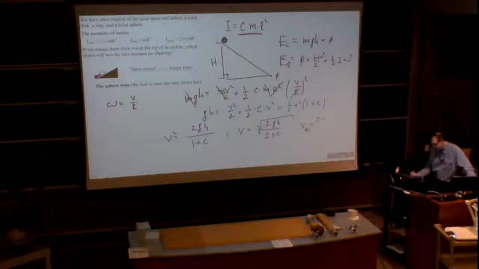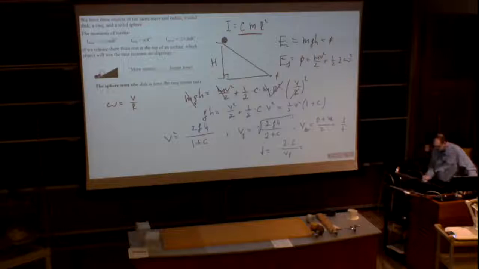So initial plus final over 2, that's the average. On the other hand, that should be equal to distance traveled over time. So time will be equal to 2 times distance traveled divided by the final speed.